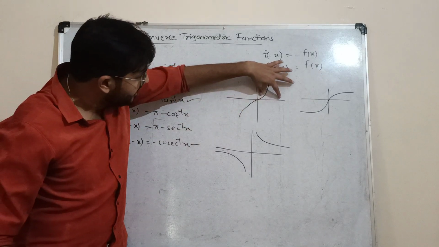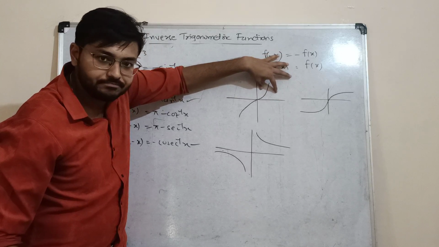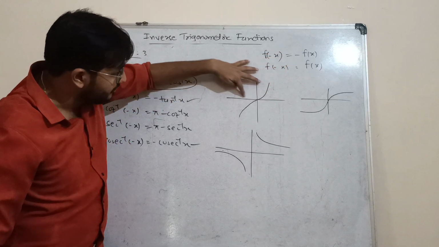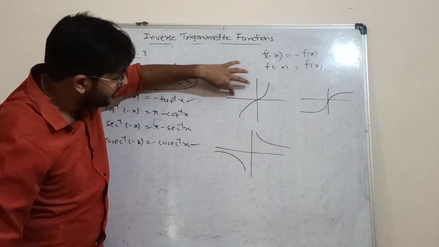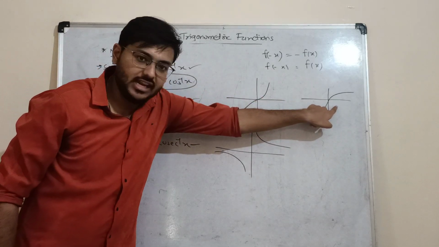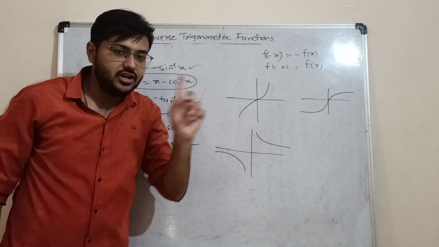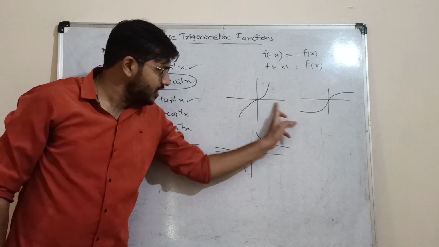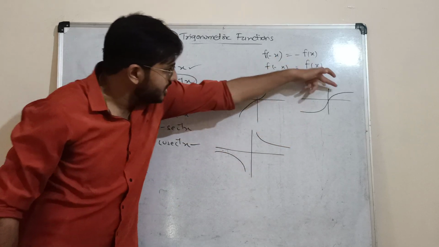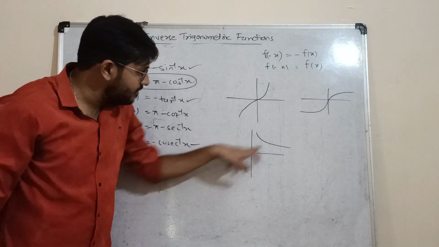When I use positive values of x, I get the answer as a positive number, right? When I use negative values of x, I get all the answers in the negative y direction. You just observe the graph of tan inverse also, and the graph of cosec inverse also. You find this condition in all three graphs: for positive x values, the graphs are in the positive region of y, whereas for negative values, the graphs are in the negative region of y.